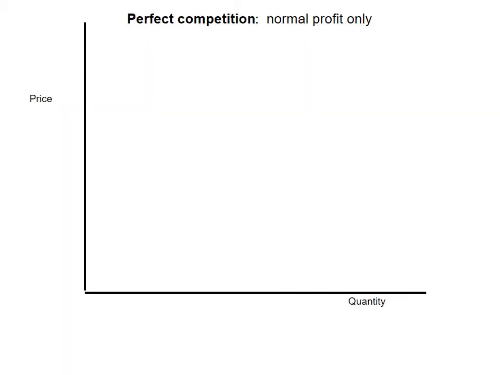So let's draw a normal profit only diagram, but you'll be surprised that you already know how to draw this from what we've done with the production cost and revenue lesson and what we've learned today. Let's start off with the straight line, and we'll call it demand equals average revenue equals marginal revenue.